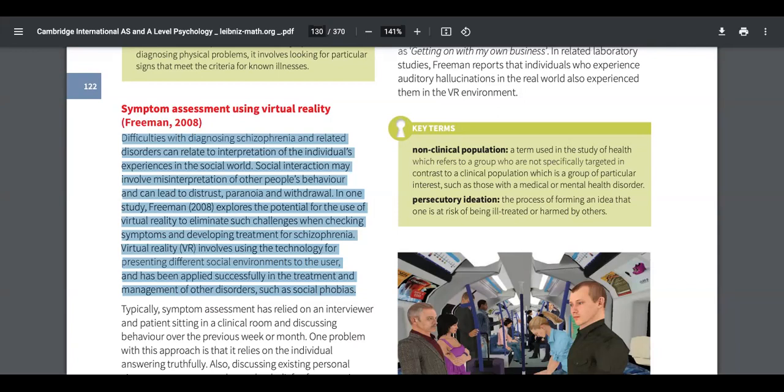The last part is explaining what virtual reality is and how you can apply it to this specific thing, because virtual reality takes you into different situations without being in those situations. You can be in a train just by wearing that headgear. Like those game controls, those games like PS4, I forgot what that thing is called, but we wear a headgear and you're inside the game, playing the game.